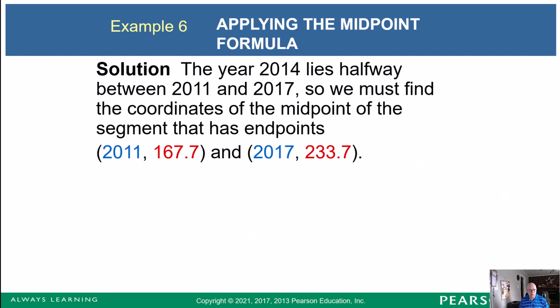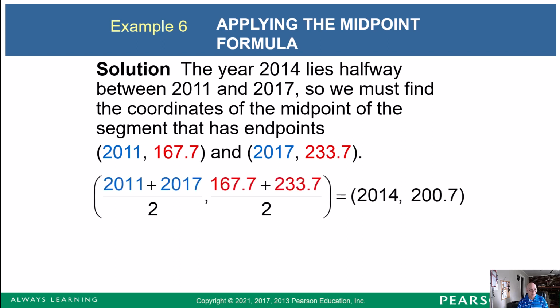Now, this is one way of doing it. Remember, you could make the years different. You could make them 0 and 6. You could also make them 11 and 17, saying x represents the number of years since 2000. Whatever strikes you at the time. And there's how you find your midpoint.